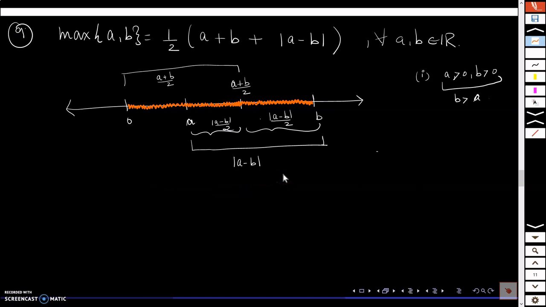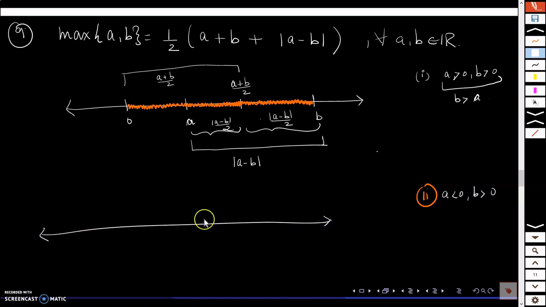I hope that's clear. Now the second possibility is that one of them is positive and the other is negative. Then what is going to happen in that case? Let's say A is negative and B is positive, right? Again, let me put it on the number line. My 0 is here, A is somewhere on this side because it's negative, and B is somewhere here.